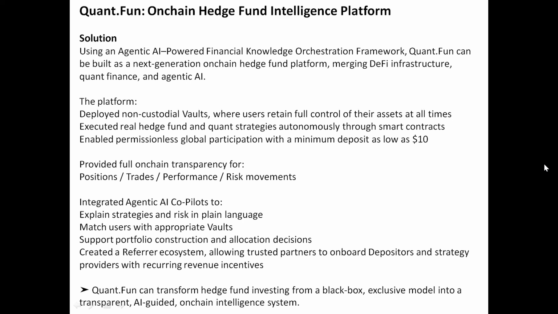It is usually under the custody of the operating or managing company, but this is non-custodial, so you can withdraw whenever you want, because you are the owner and in control of whatever you deposit in the vault to invest. So it is a full orchestration of transparent positions, trade performance, and risk management. This quantum fund can transform hedge fund investment from a black-box, exclusive model into a transparent, AI-driven on-chain intelligence system.